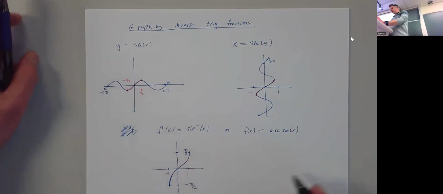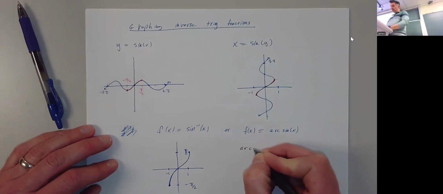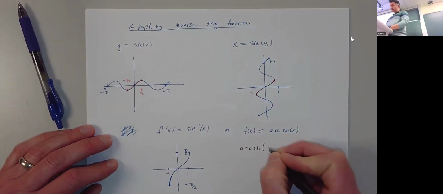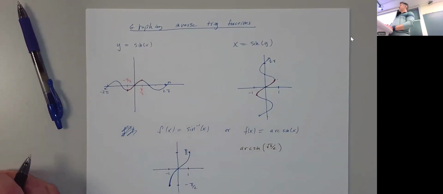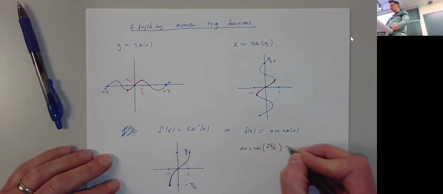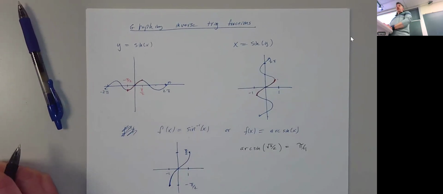A couple things about arc sine, specifically evaluating it. If I wanted to find, say, the arc sine of the square root of 2 over 2, what I'm asking for is what angle gives me a sine value of root 2 over 2? Well, the angle is pi over 4, specifically in radians.